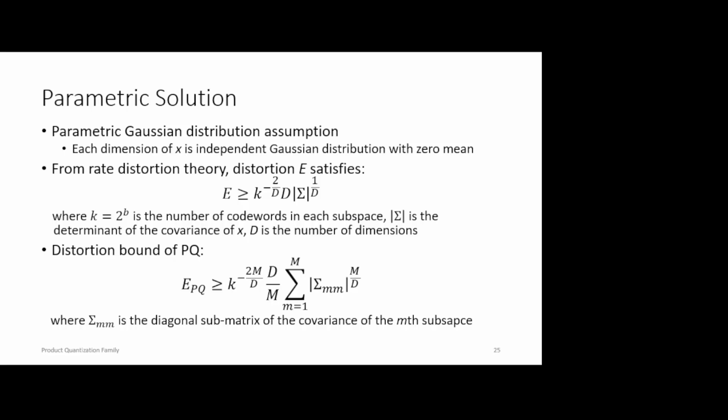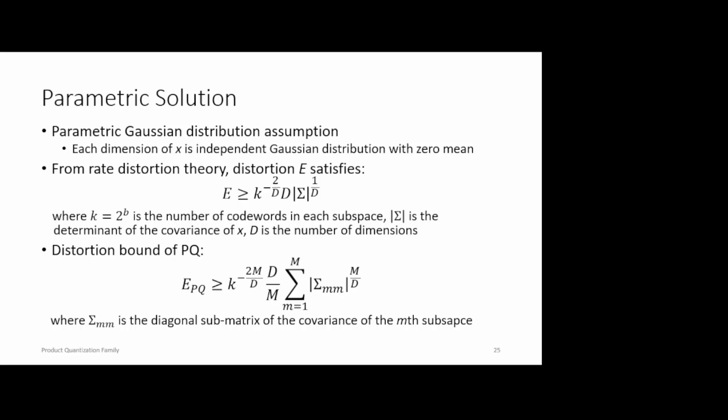In this paper, they propose the second solution, the parametric solution under the Gaussian distribution assumption. It means that each dimension of the vector is an independent Gaussian distribution with zero mean. Based on this assumption, they already have a theory about it, so the distortion should satisfy the theory.